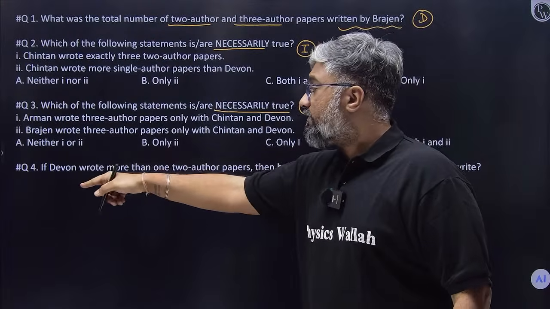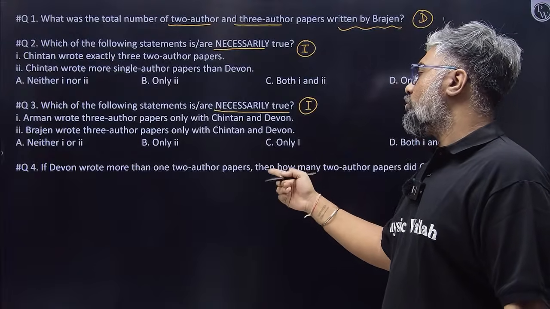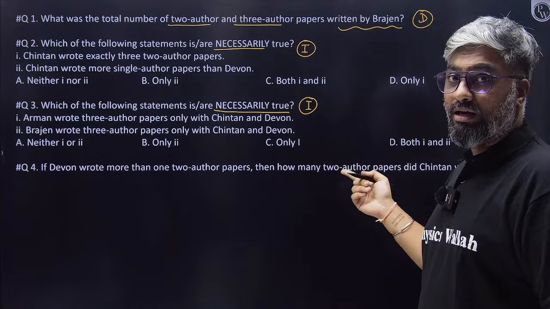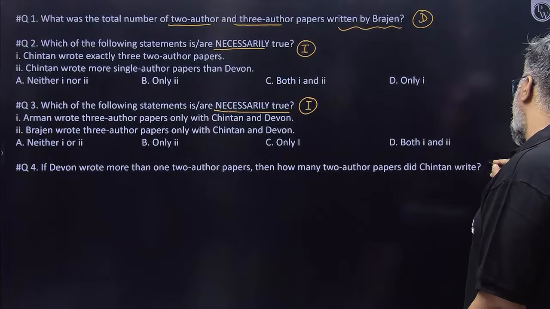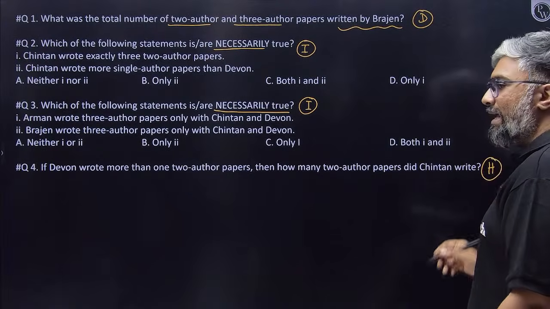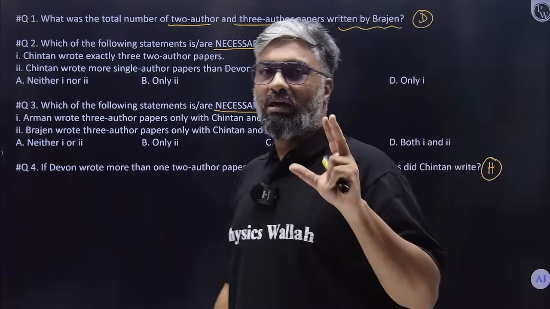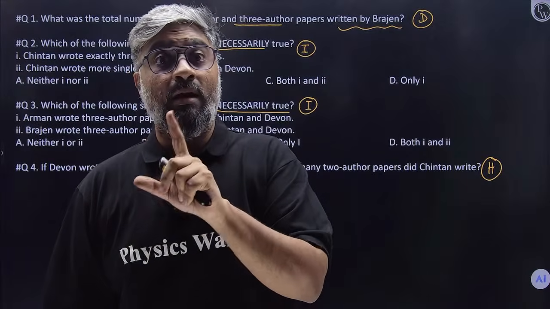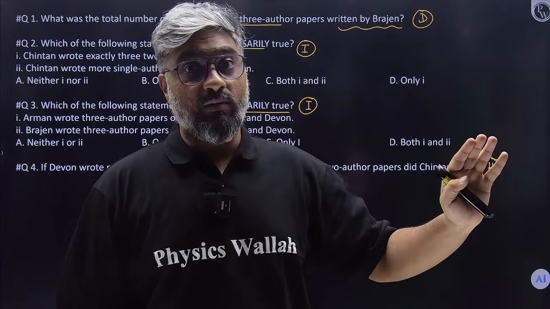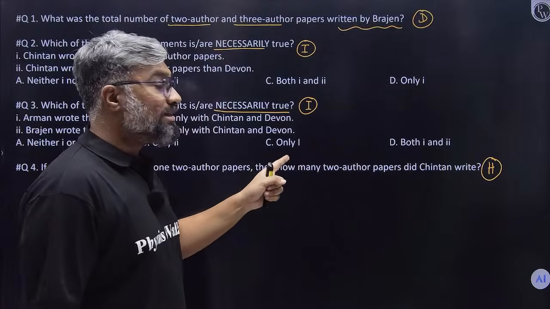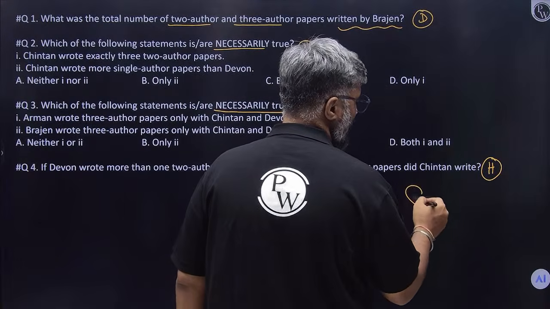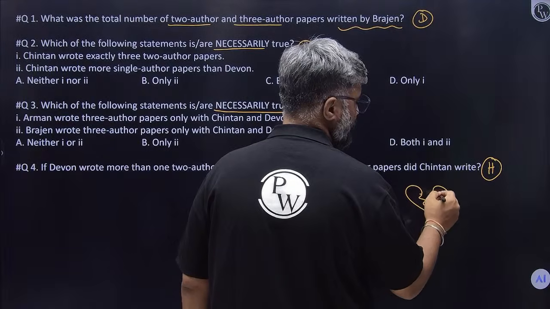Here, if Devon wrote more than 2 author papers, then how many 2 author papers did Chintan write? So what is this? This kind of question is called hypothetical. And a hypothetical question is always the most dangerous one, but it is the most transparent one. Why? Because this is clearly telling us that our arrangement will not be complete.